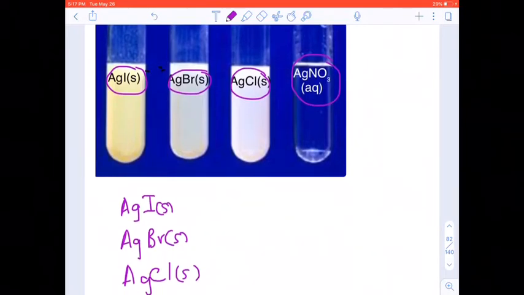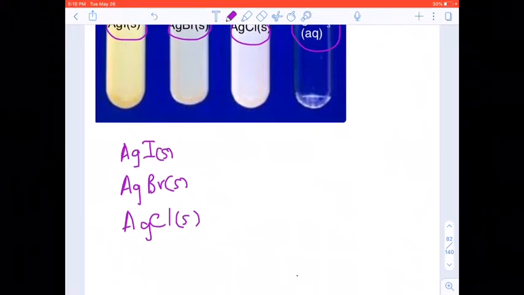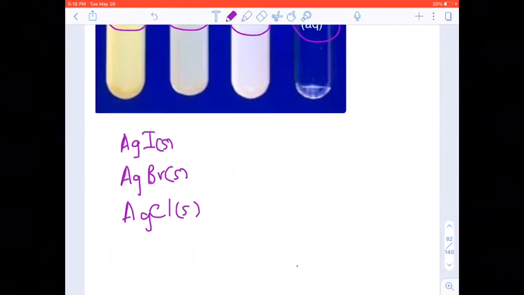So the bromide and the chloride are difficult to distinguish. But we see that they form precipitates, right? So silver chloride, AgBr and AgI are insoluble in water. We know that all other halides, like for instance alkali metal halides, are soluble. These are insoluble in water.